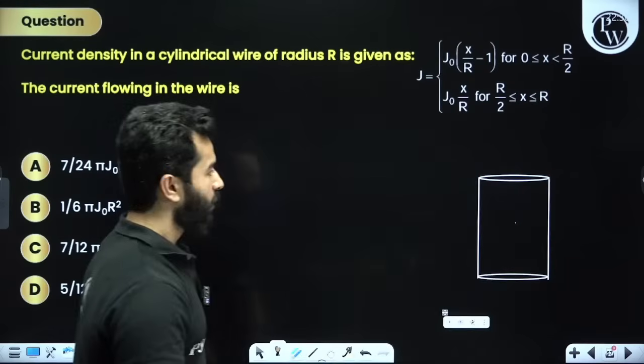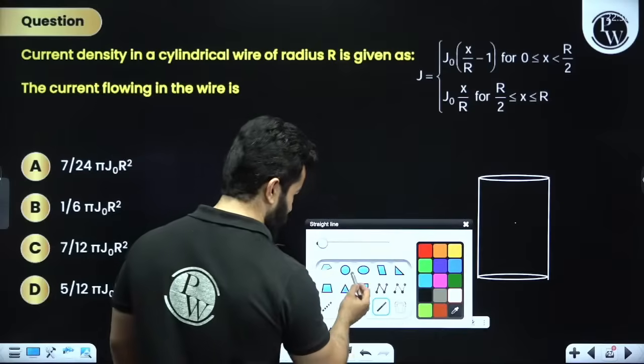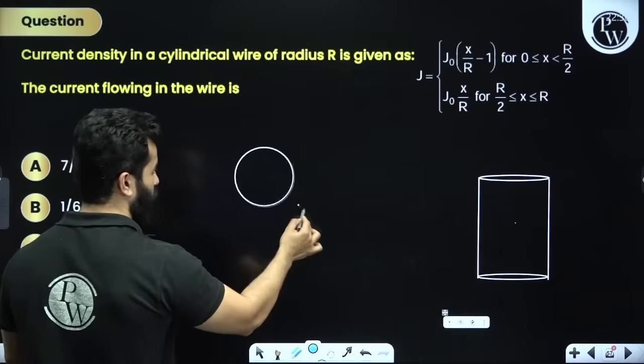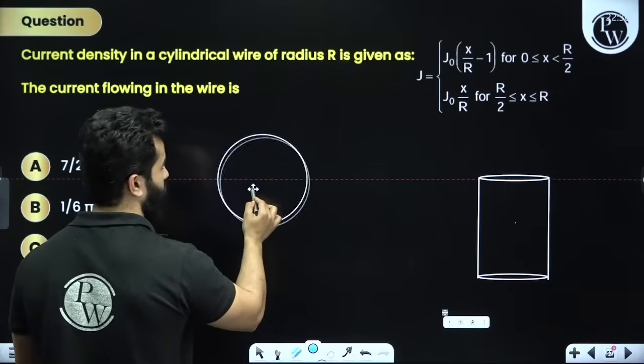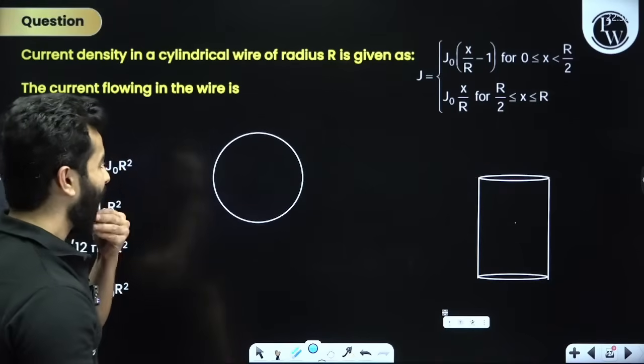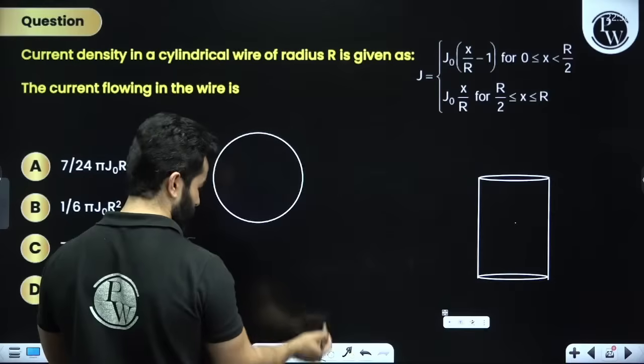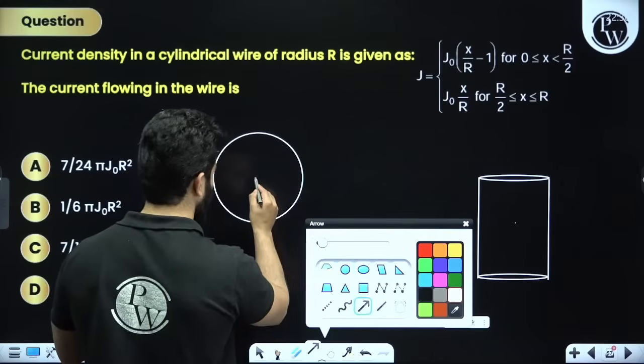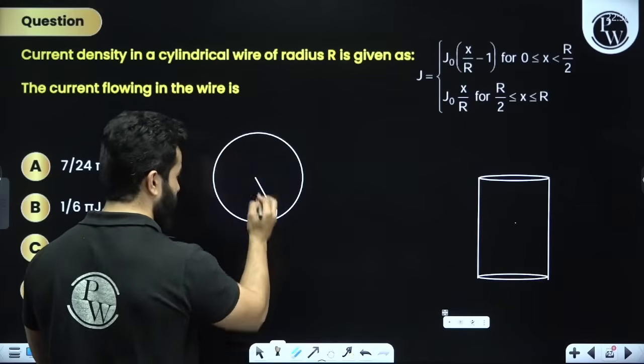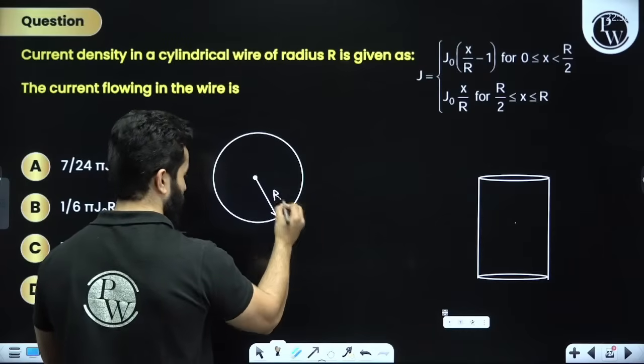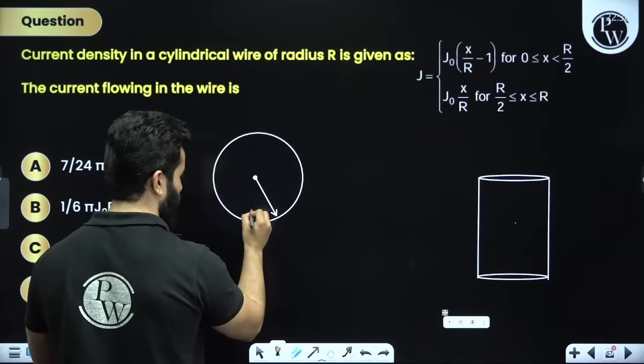Correct? But right now I'll be more interested in the cross section diagram. So let's draw the cross section diagram something like this. And then this complete radius, from center to here, is obviously capital R.